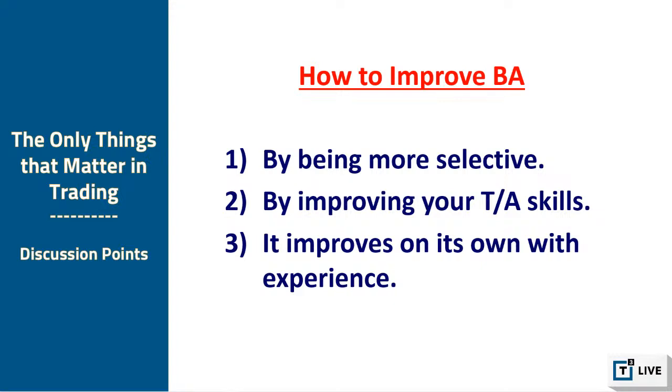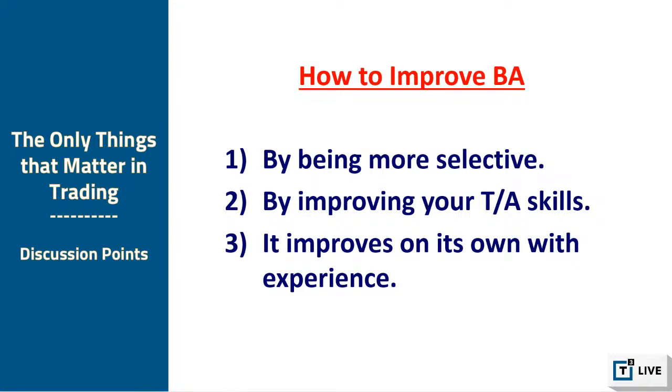Basically, when it comes to being selective, you want to figure out if your strategy makes money or not. And if it makes money, then every trade that substantially meets the requirements of that strategy should be taken. You got it? So you want to track your results based on strategy.